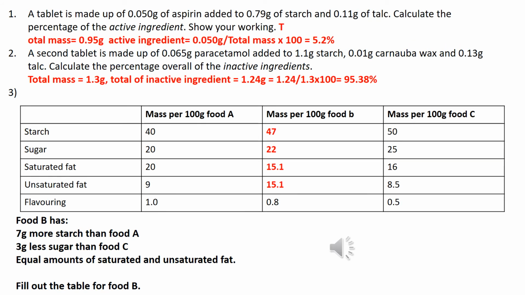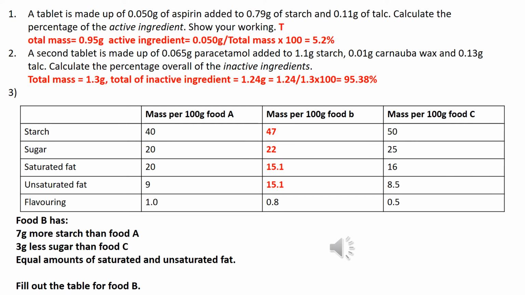Right, so the answer for question number 1 would be total mass is 0.95 gram. The active ingredient equals 0.050 grams. Divide that by total mass and times by 100.